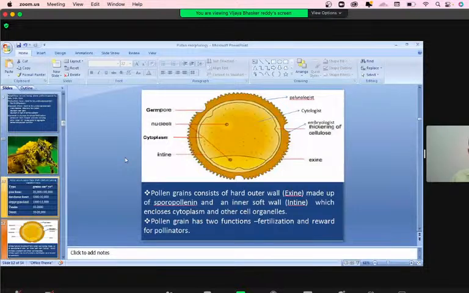Whereas the cytologist's interest is only in the inner contents of the pollen grain, the karyotypic or whatever the inner contents, the cytological contents of the pollen grain are a more important aspect for the cytologist.